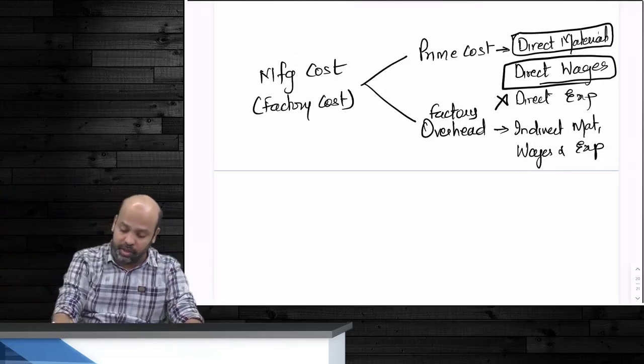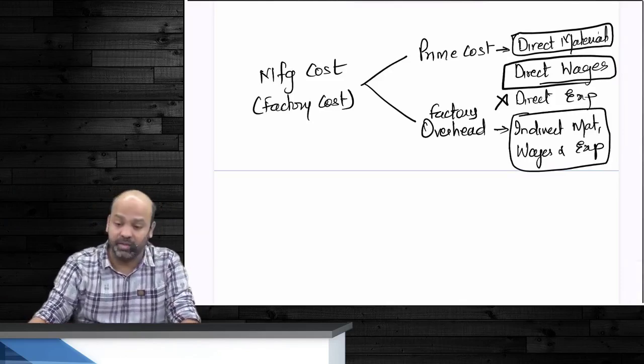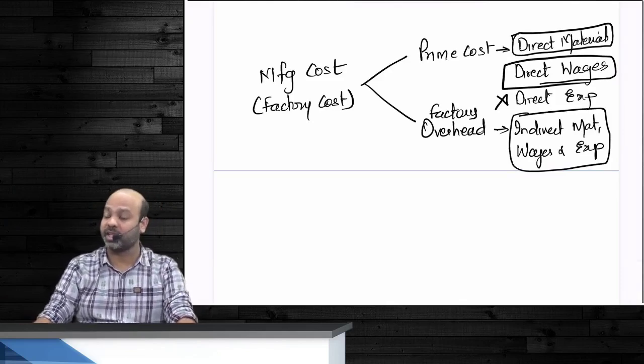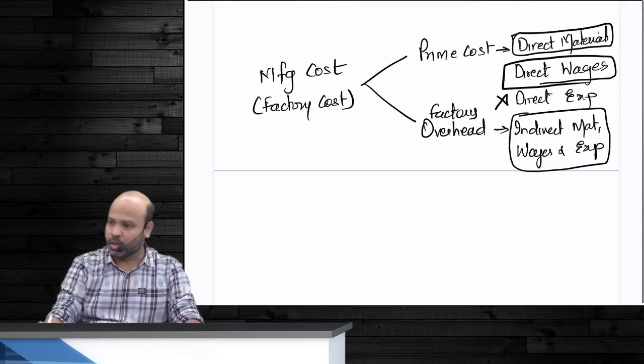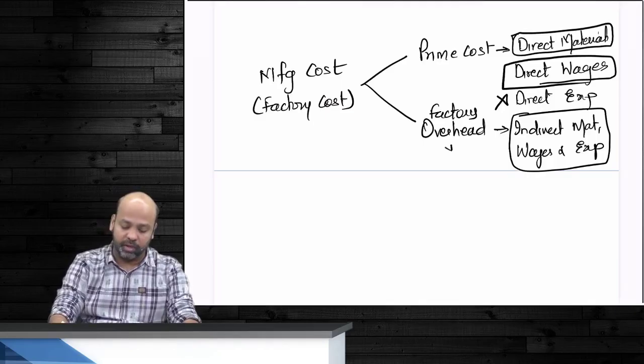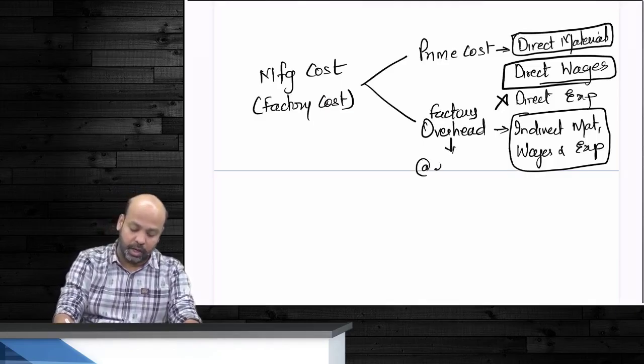Factory overheads are always apportioned. The fact that they are indirect expenses means there is no direct relation between the expenditure and the end product. The question says that we will allocate this at the rate of 5 rupees per hour.